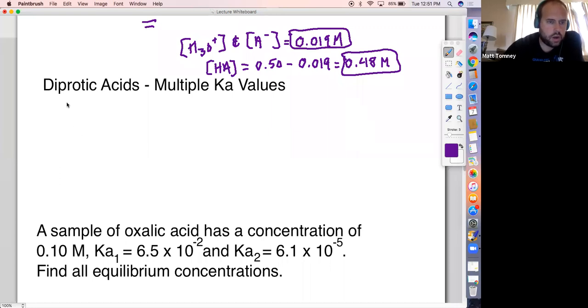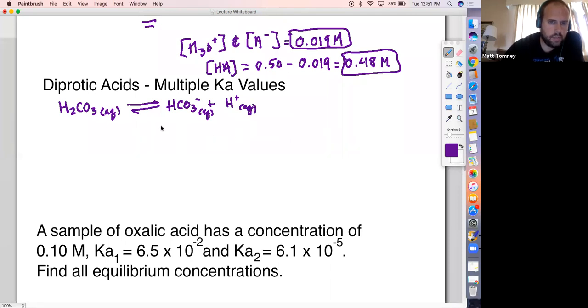Now, let's visualize this for a second. I'm going to use carbonic acid here as an example. So you have H2CO3, aqueous, and this would be in equilibrium with HCO3 minus plus, and I'm just going to put H plus here instead of H3O plus. Okay? Again, they can be used interchangeably. All of these should be aqueous. All right, so there's the first.